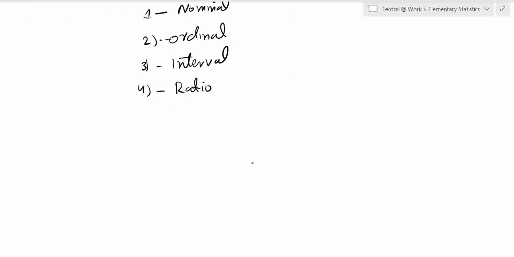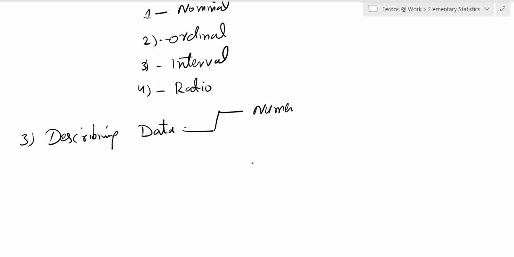Now let's move to describing data. You can describe data in two ways: one is numerically and the other is graphically.